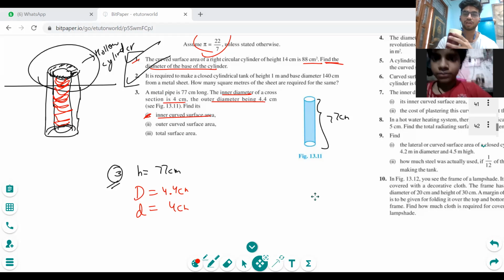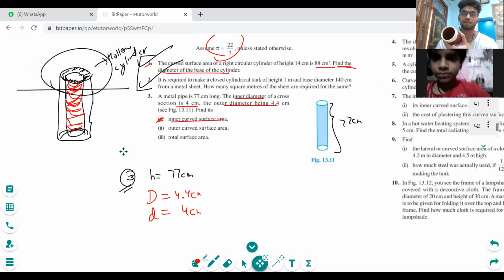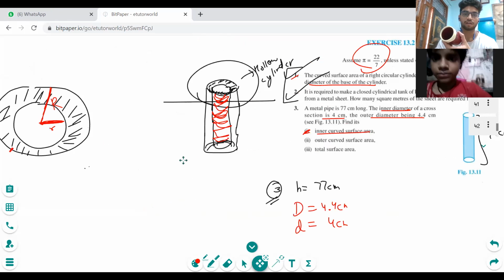Why did you take two R's? I will just explain to you. Okay. So you can chat in this section as well. So you can see that there is a 3D cylinder here. Now what is happening? You can see because of the hollow part, there are two circles. The inside one and the outside one. Are people getting it? Yes or no? Yes, sir. Or are my efforts all in vain? Yes, one small r and one bigger one.